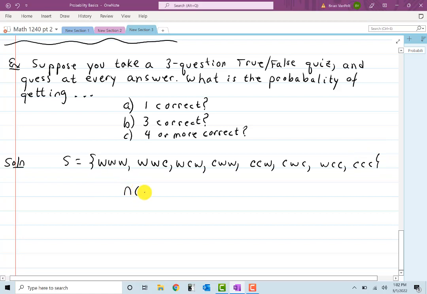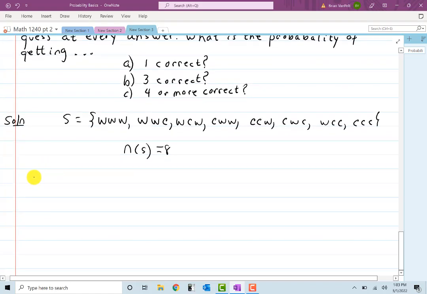So then the size of this sample space is, each of these blocks is just 1. So we've got 1, 2, 3, 4, 5, 6, 7, 8. And now let's go ahead and get our events in.